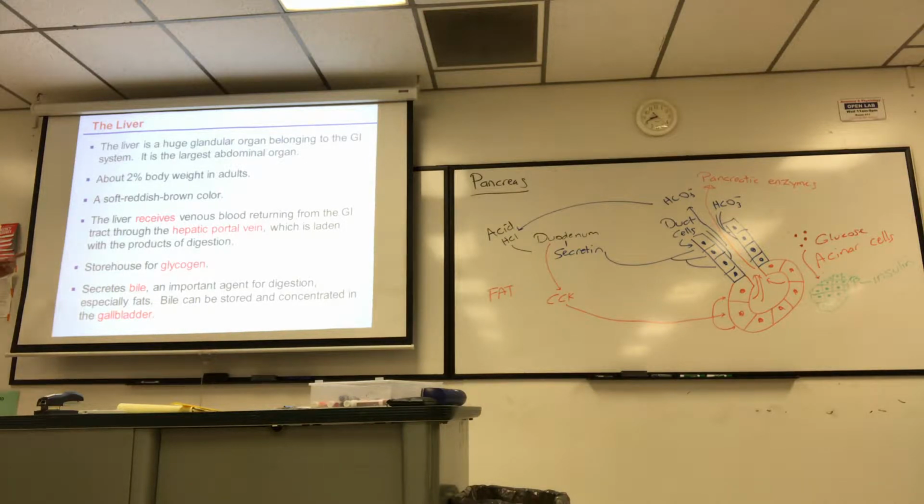It receives venous blood returning from the GI tract. That's basically what it's there for. Every meal you eat, anything that goes in through your mouth goes through the liver. Your vitamin supplements, your shakes, your meal, everything that's ingested goes to the liver.